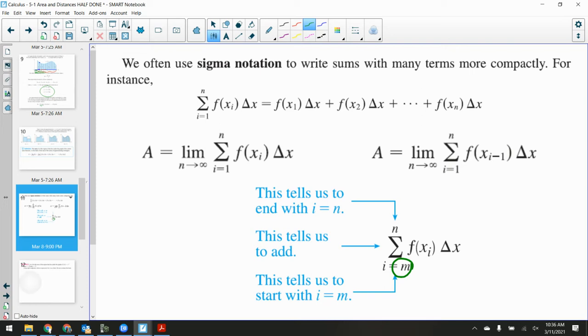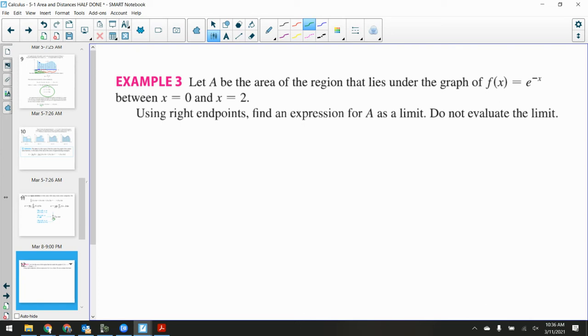All right, let's take a look here. Let A be the area of the region that lies under the graph of f of x equals e to the negative x between 0 and 2.